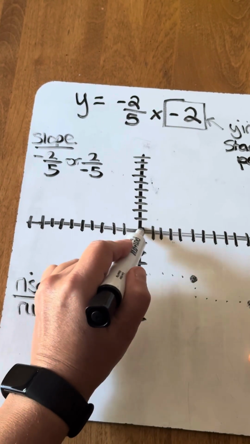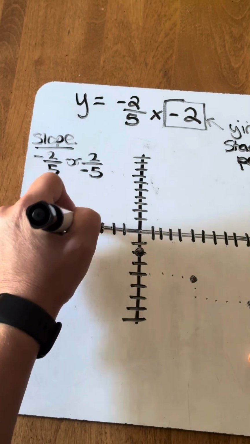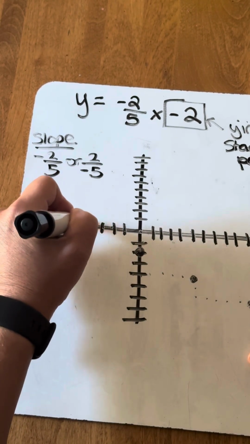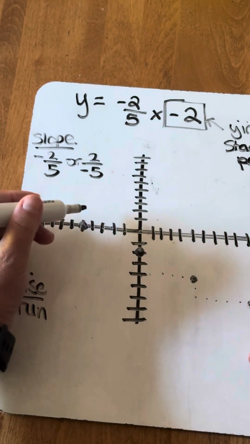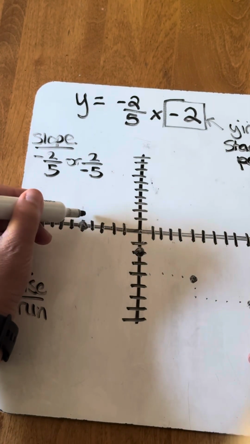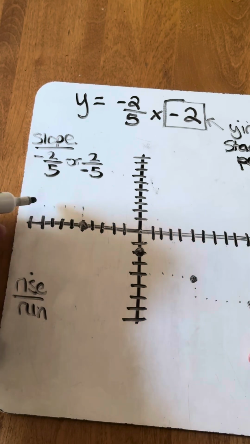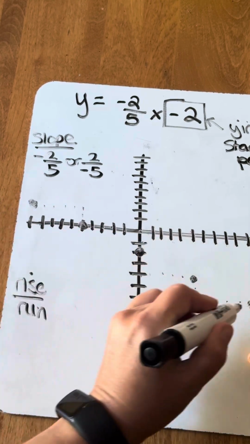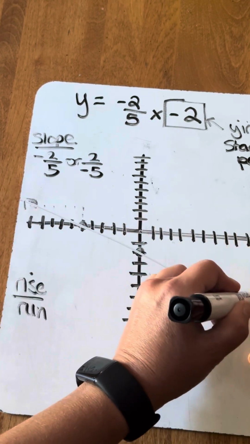So I've gone up 2, and now I'm going to go 1, 2, 3, 4, 5, put a dot right here. And you can see that all these are in alignment with each other. And then I can go up another 2. Again, I don't need to keep doing this, but I'm going to. 1, 2, 3, 4, 5. There's another point right here. And then all these can be connected as your straight line on your graph.